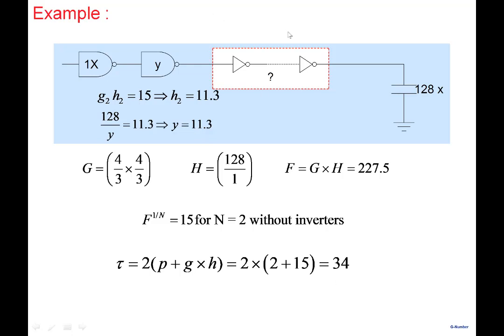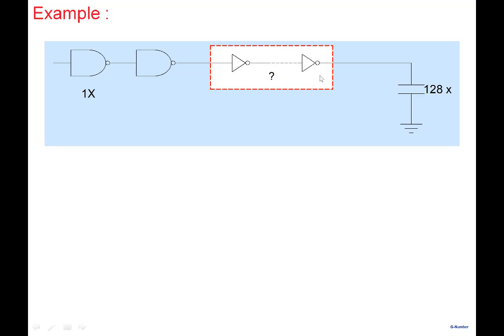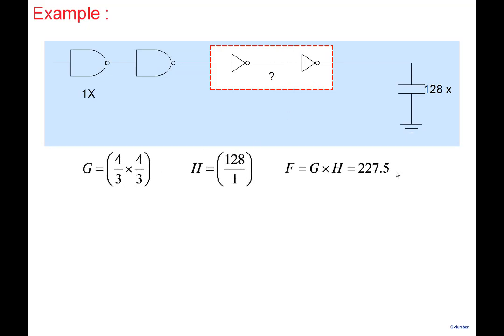Now we ask: can we add these inverters and improve overall? How many inverters? G is the same, H is the same, and F is what we found. Now we use the result that the optimum number of gates in a chain is N approximately 0.8 times ln F. F is 27.5, so we get 4.3.